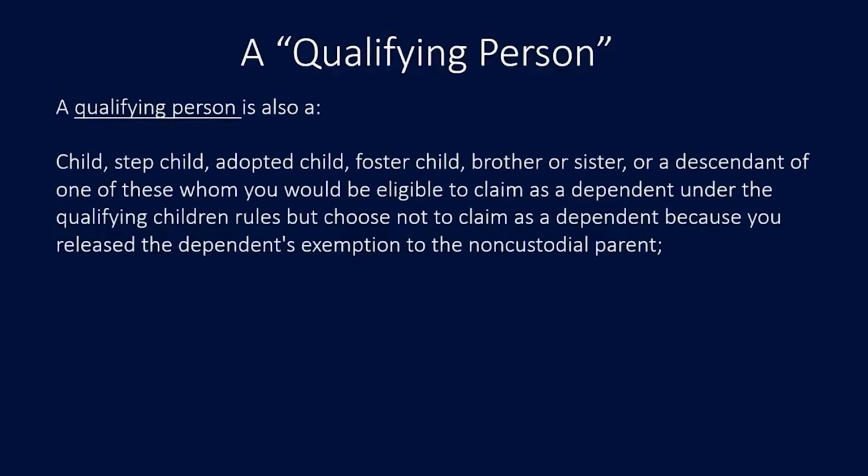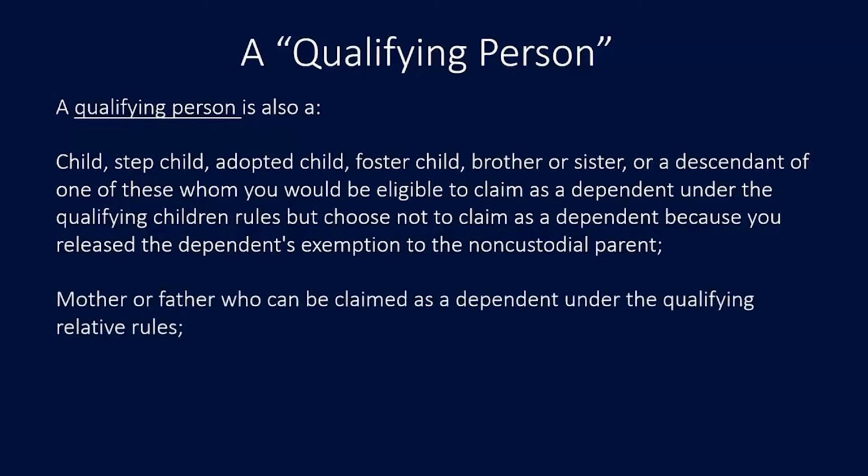A qualifying person is also a child, stepchild, adopted child, foster child, brother or sister, or a descendant of one of these, whom you would be eligible to claim as a dependent under the qualifying children rules, but you choose not to claim as a dependent because you released the dependent's exemption to a non-custodial parent.